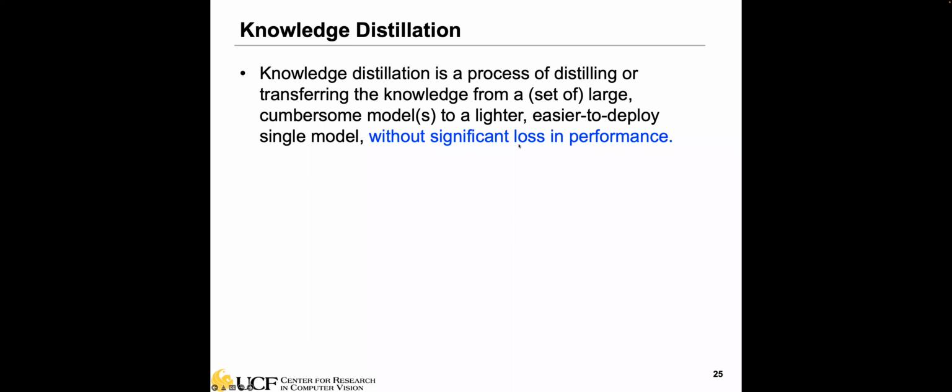Okay, so here the large network is going to be the teacher, right? In many cases, you don't have to limit it to just a single teacher. You can actually use multiple large networks as multiple teachers, using a committee of teachers to teach a lightweight, easy to deploy student network, so that the student network can learn better.